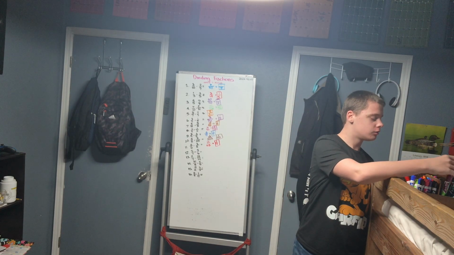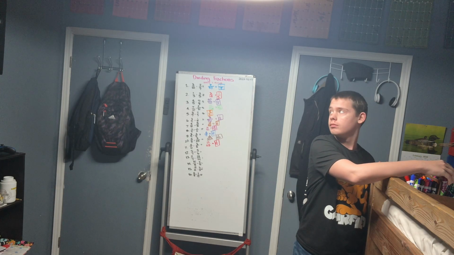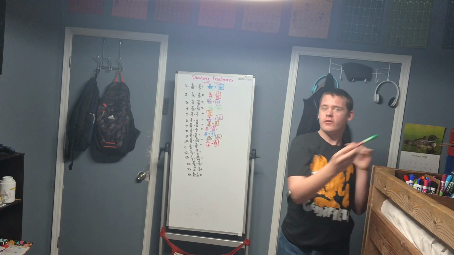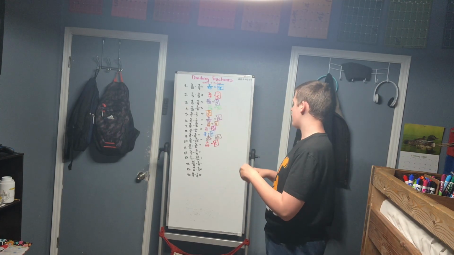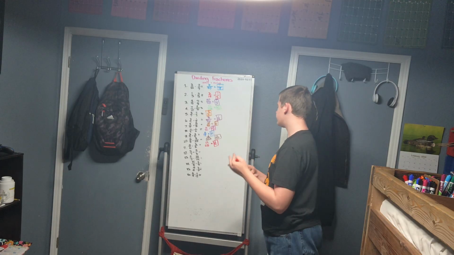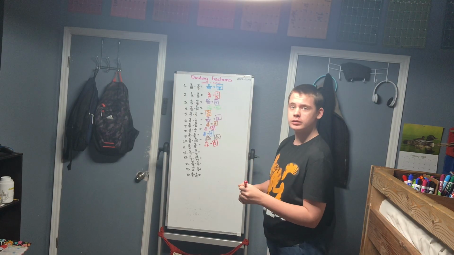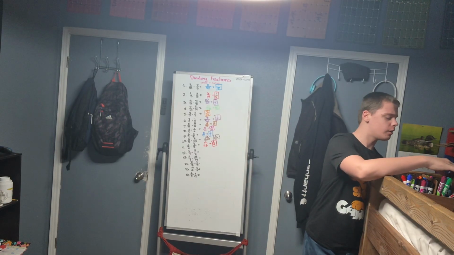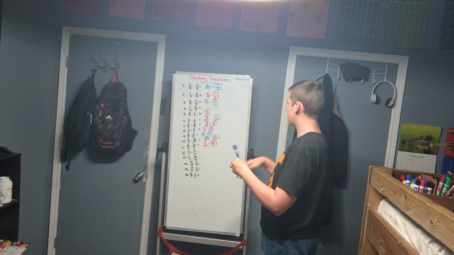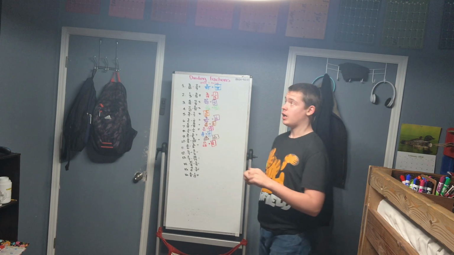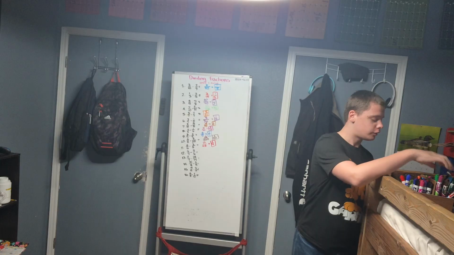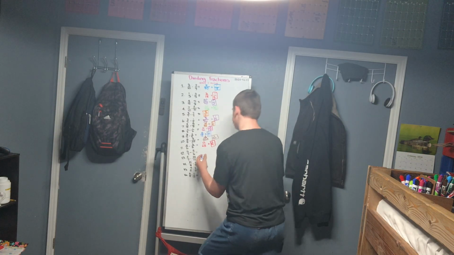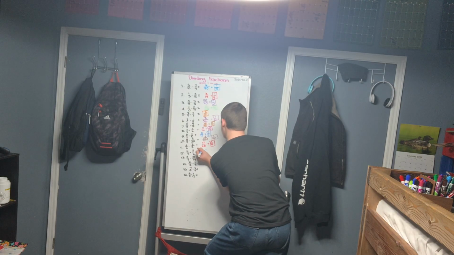Number 12. There we go. That was the end of it. So 5 over 7 times 3 over 6. Okay, so number 12. 5 over 7 times 3 over 6 is 15 over 42.